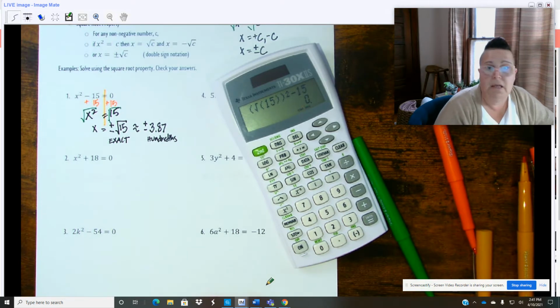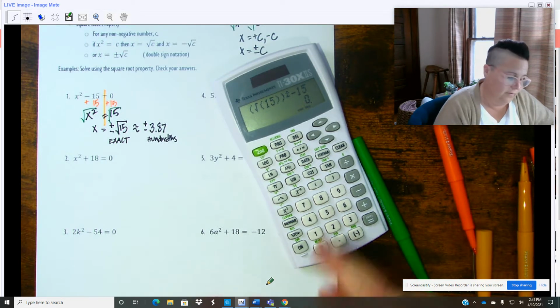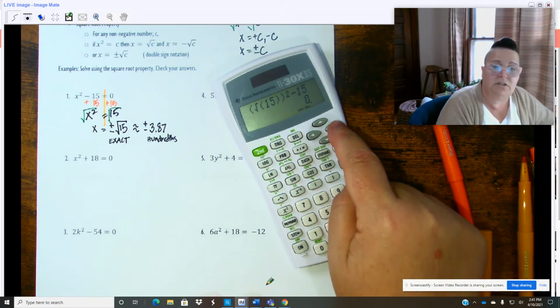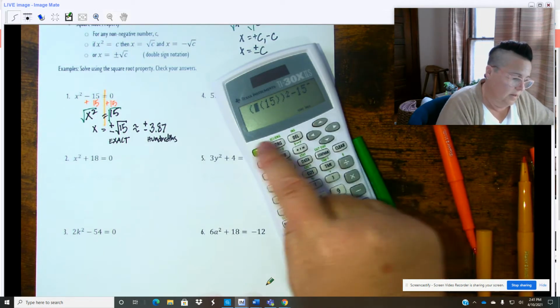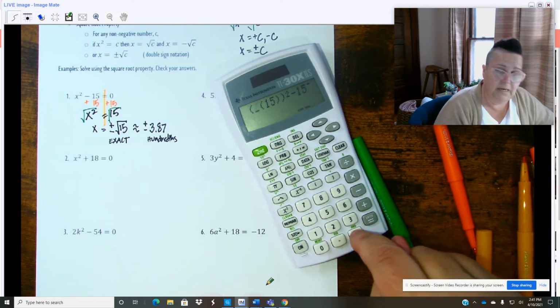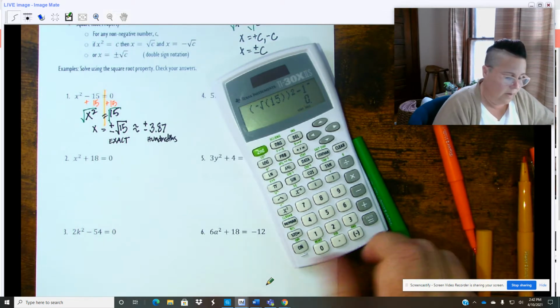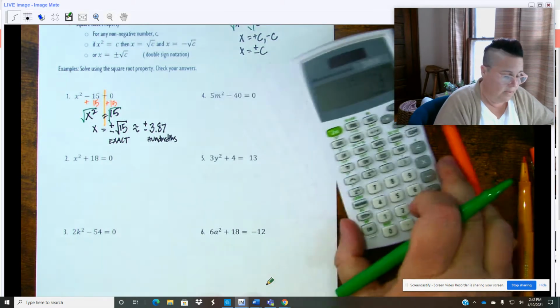And I do. If I need to do this for a negative square root of 15, because we should check both solutions, I am going to scroll over. I'm going to insert a negative. I love this particular function. So now I'm checking the negative square root of 15, and I still get a 0. So I have been able to check both of them. They both check.